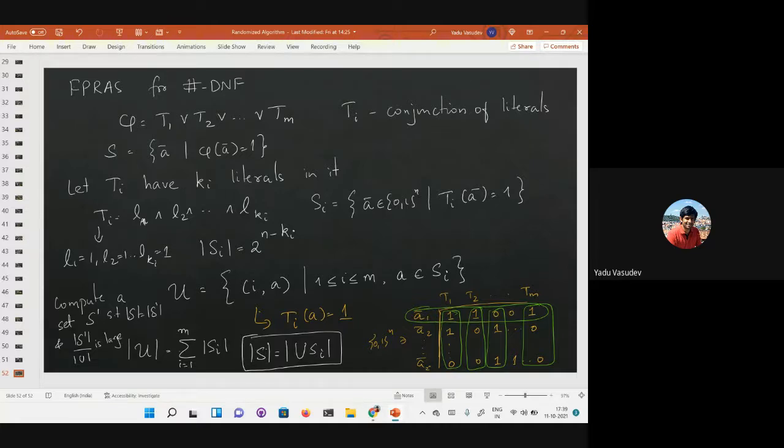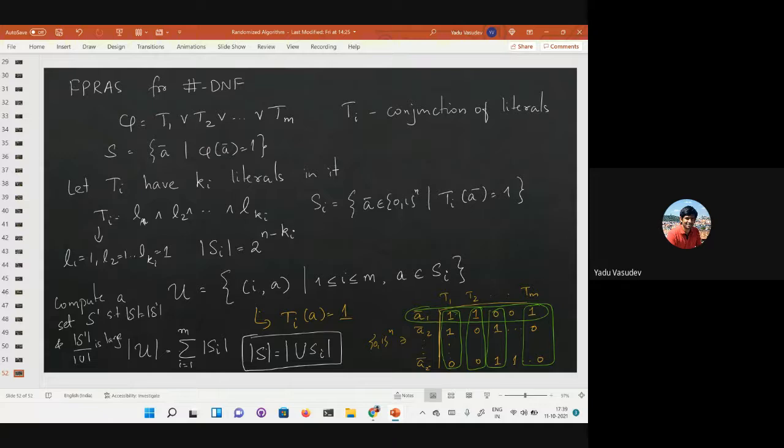This is what we need to apply the Monte Carlo method. You sample from U and check whether it lies in the set S prime, whose fraction of points in U is very large, and the size of S prime is equal to the number of satisfying assignments. Once we have that, we can just apply the Monte Carlo algorithm.